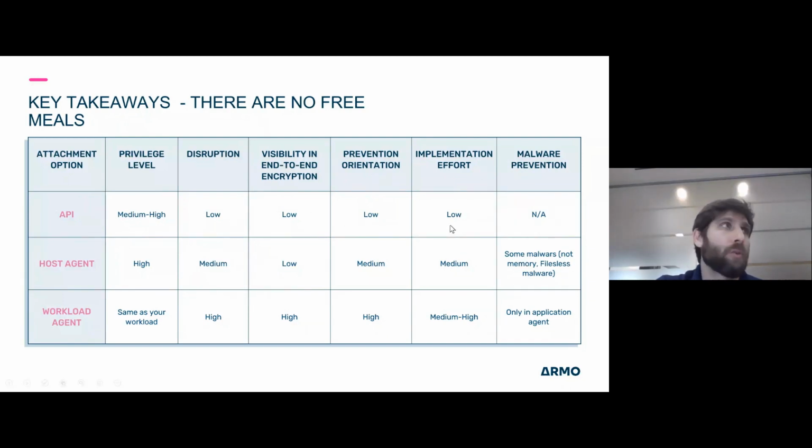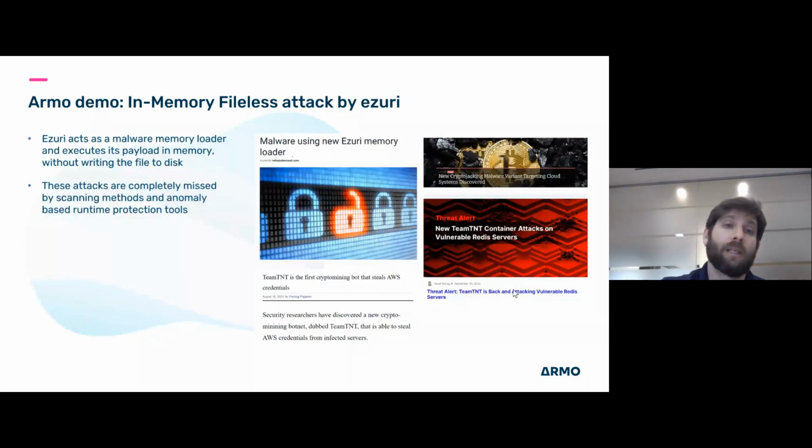Of course, it requires one single integration, and you start to enjoy the security values that it promises. If you look at malware prevention, it probably depends on what sort of malware you're trying to prevent. I'm going to show you in the next demo, in the last section of this presentation, before we move to Q&A, the fileless malware attack that is run by Ijuri.